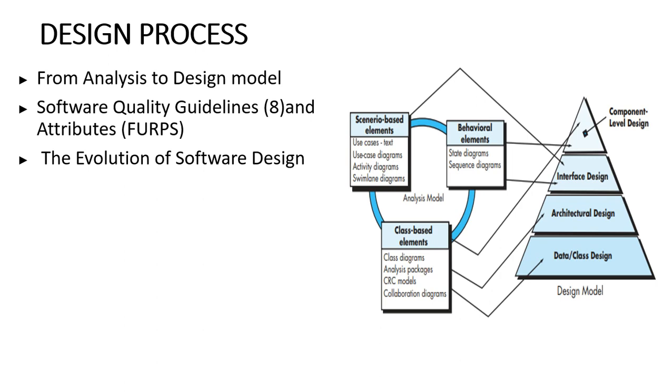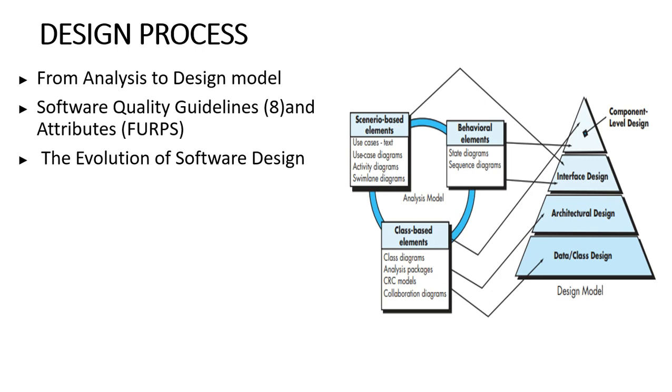For the class based elements, you create diagrams based on the classes: class diagrams, analysis packages, CRC models, and collaboration diagrams. We will discuss the various levels of design one after the other.